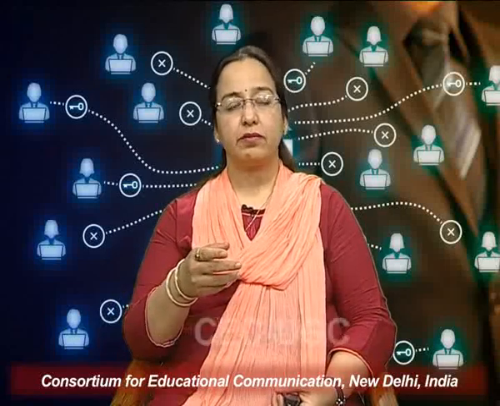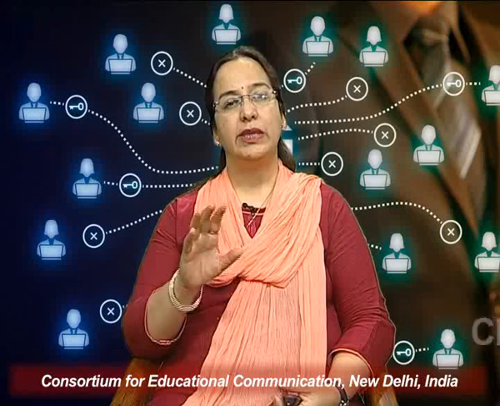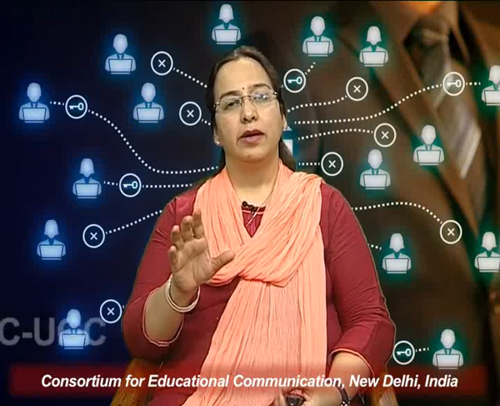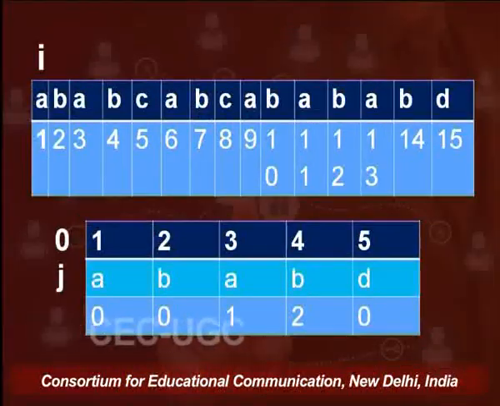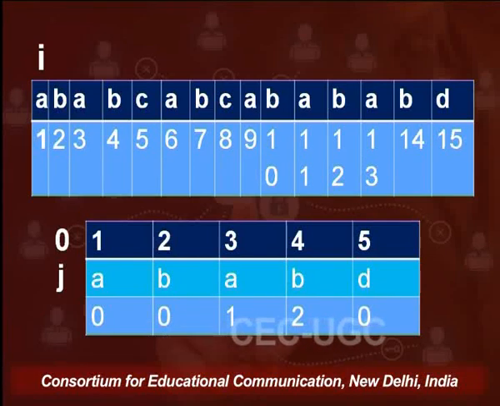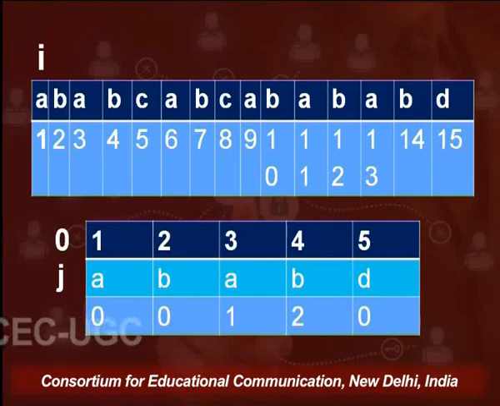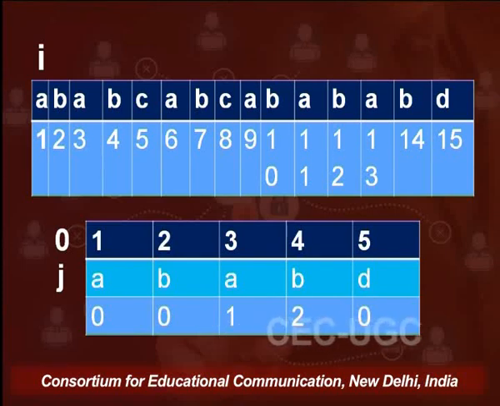Now coming to the text. We have a set pattern and the LPS table for this pattern, and for the text, the whole text is there and we have written indices: 1 2 3 4 till 9, then 10, 11, 12, 13, 14 and 15.